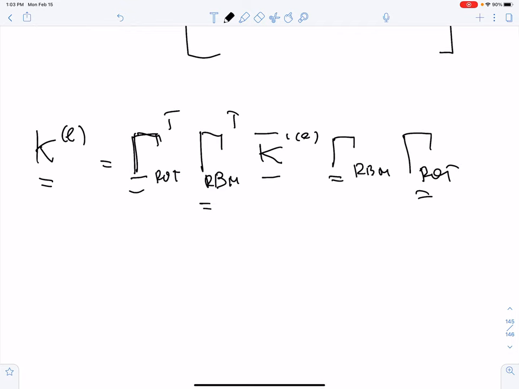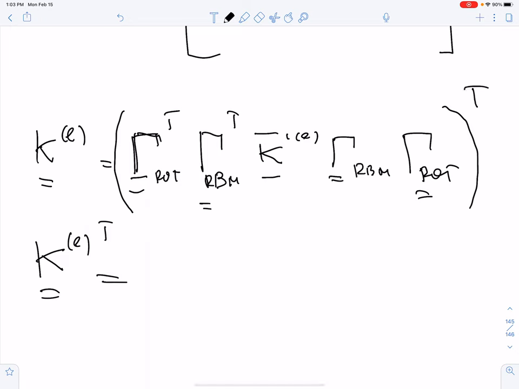All right, so let's look at the transpose of KE. How do you take a transpose? You have to take a product of 5 matrices. The way you apply transpose is: to the first one, you put it in the back; you apply transpose to the next one, you put it second; the third, you put it third, and so on.